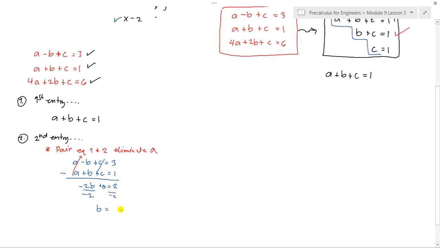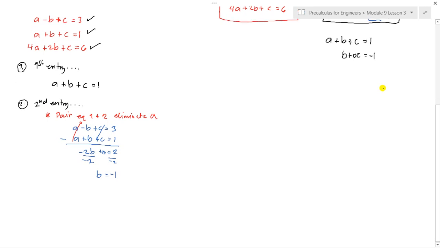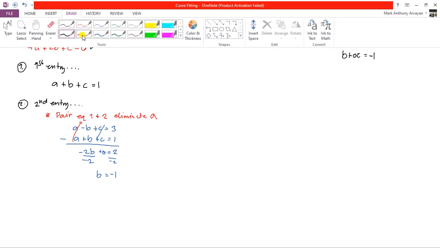So we have B is equals to negative 1. We can also put it here: B plus 0C is equals to negative 1. Next, we will pair in order to get the third entry.